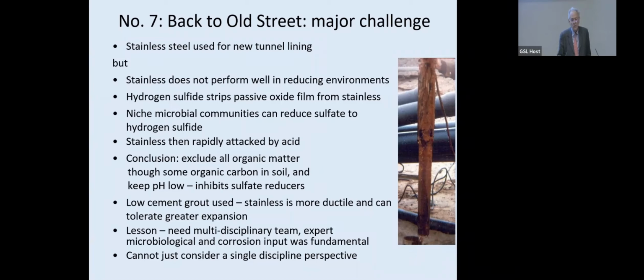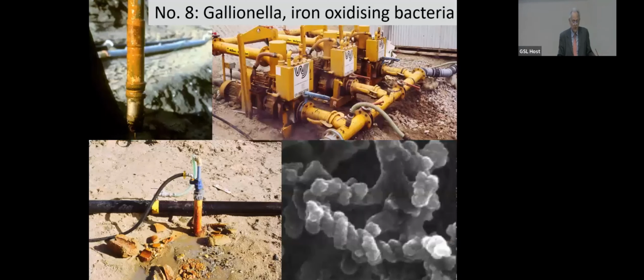So at Old Street, the question is, could we have niche environments where the sulfate was going to be reduced to hydrogen sulfide? And we'd already bought the stainless because they got a good deal on it. So the only way to keep the sulfide from forming was to keep the carbon out. So it was a very strict control, but there was carbon in the ground.